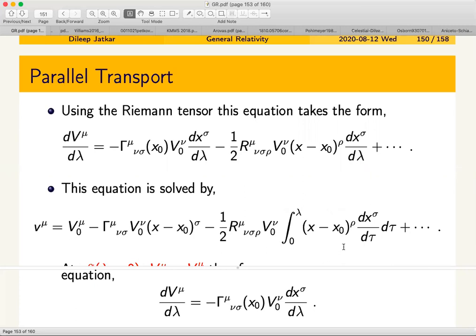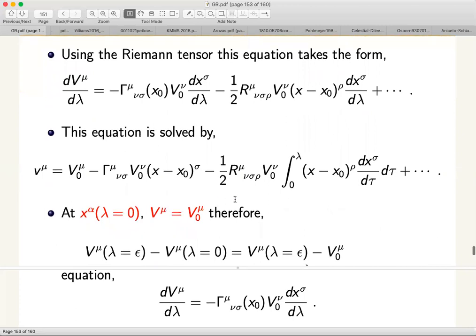So you take this as a solution now and plug it back in and check what it would give. To this order, this equation would be solved by V mu equal to a solution like that, of which this is the leading order solution and this is the first subleading correction, which we have already shown works.